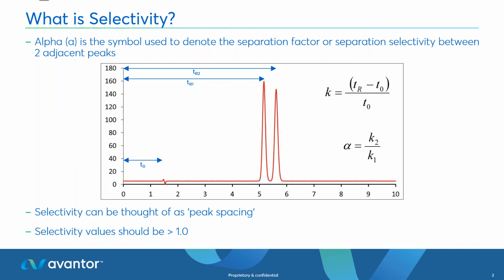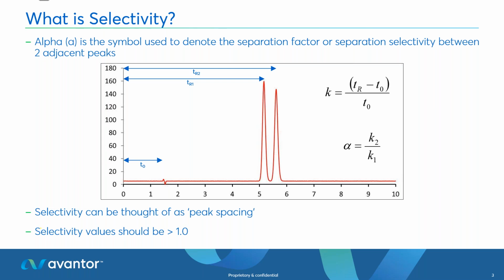So we can work out a K value, so a retention factor, based on that TR and the T0 using the top calculation. And then we can work out a selectivity value based on the ratio of K values for 2 sequential peaks.